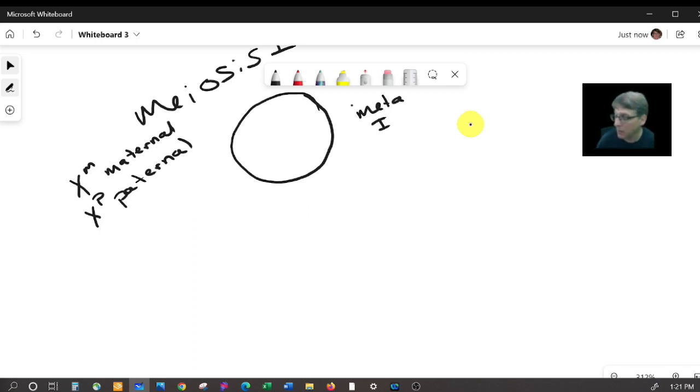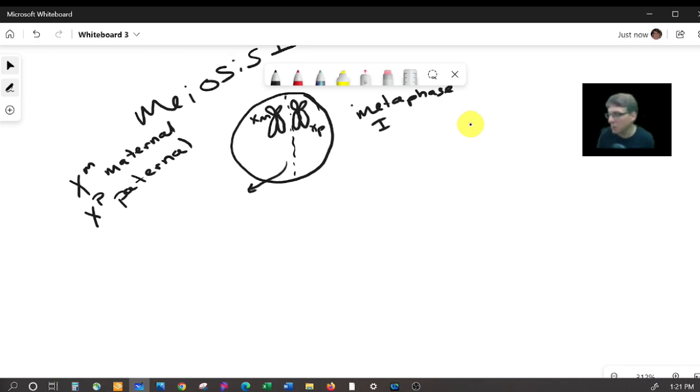So when we go into meiosis 1 and we're looking at metaphase 1, we're going to have our homologous pairs align along the metaphase plate where they're paired like this. So we'd have an XM on one side and an XP.